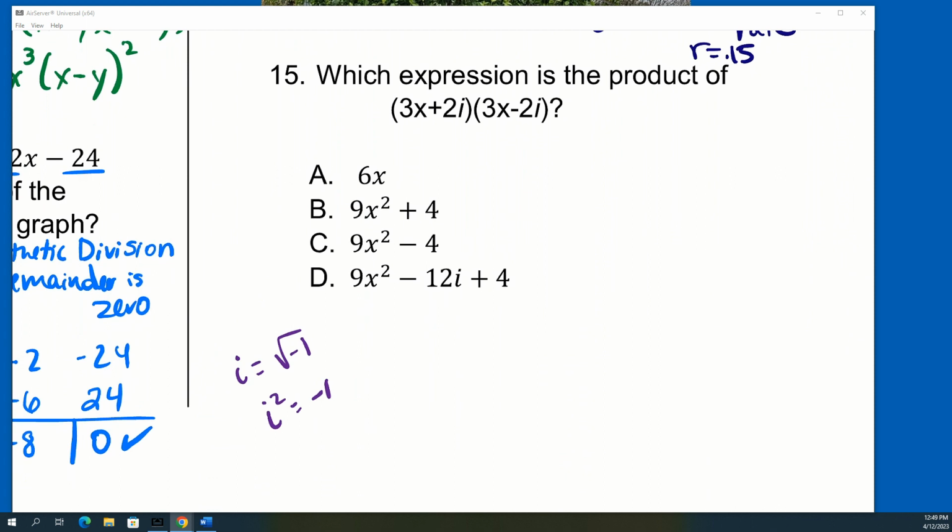Okay, so what I'm going to do first is just multiply this out. So I'm going to do 3x times 3x. 3x times -2i. Okay, and then I'll distribute the 2i.